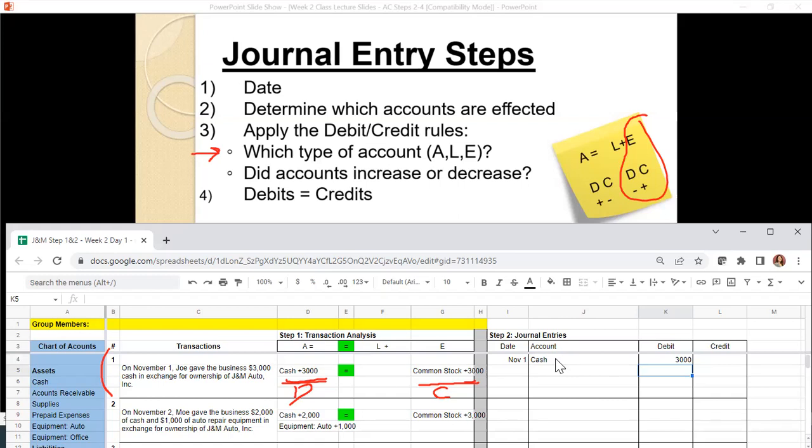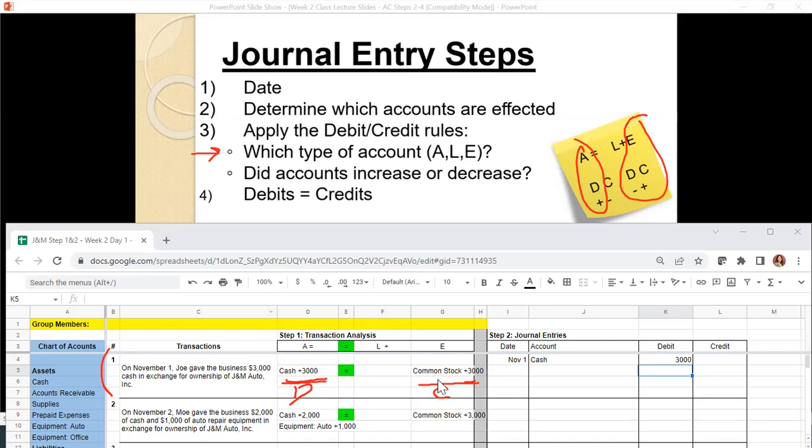Or if it was minus, I wouldn't need to put minus 3,000. The reason why is because I already know if it's an increase or a decrease simply because of the debit credit rules. The debit credit rules tell me that. Because I know that cash is an asset and it's in the debit column, I know that it's an increase. You don't have to tell me again. I just know it because I know my debit credit rules.